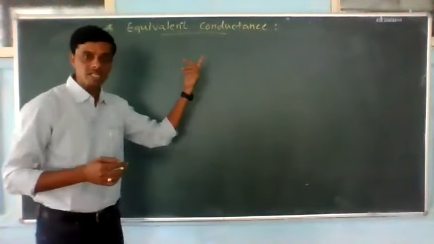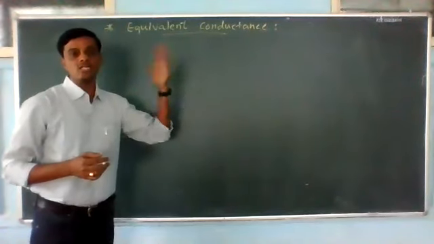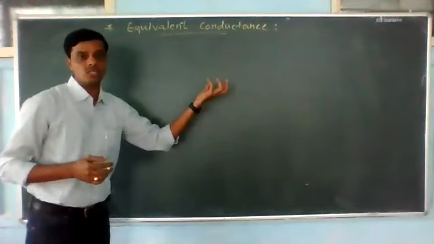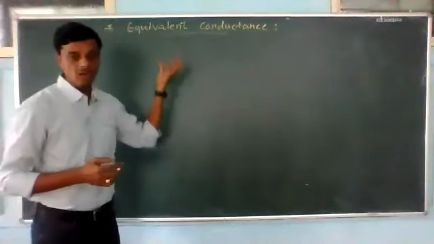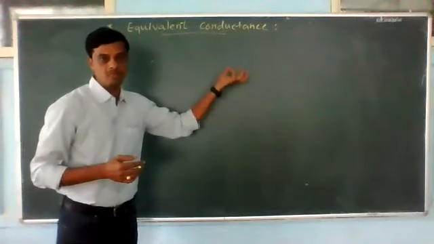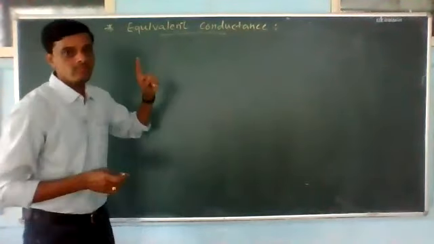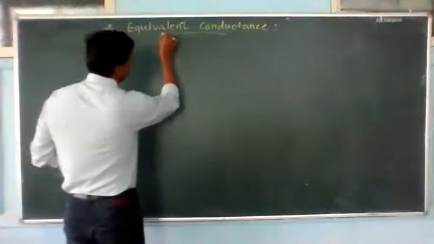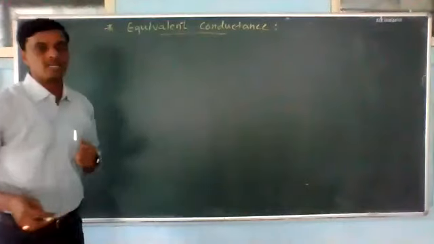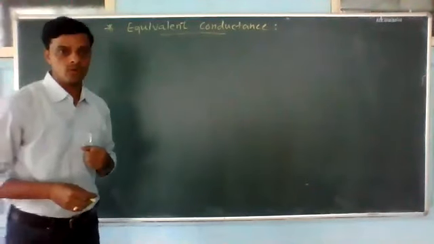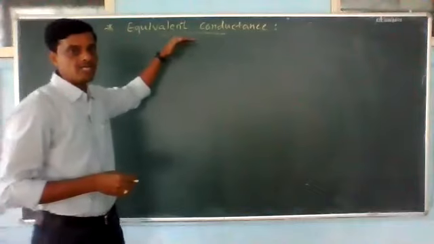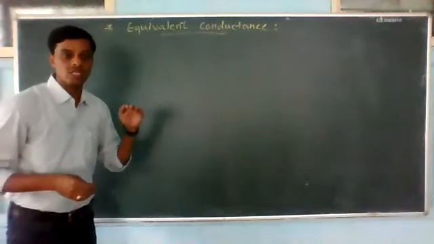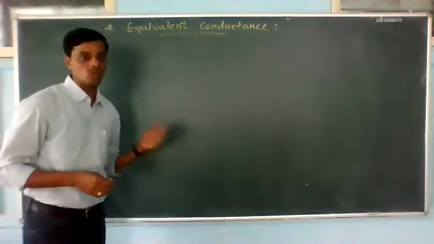But in the case of metals, conductivity does not depend on as many factors. That is why, instead of specific conductance, the new property, equivalent conductance, has been introduced for the conductance of electrolytic solutions.